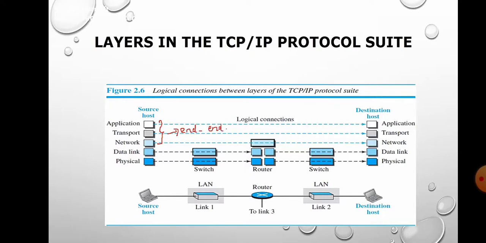But the duty of the data link layer and the physical layer is hop-to-hop. A hop may be either a switch or a router, and any other intermediate node we can consider as a hop.